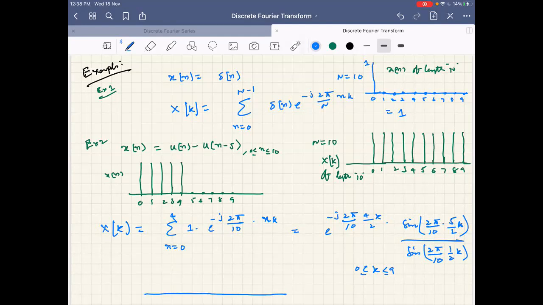If there is a continuous sinc function in the continuous domain, then these will form samples of it. We will not exactly bother about the values and so on, but I will just roughly plot.